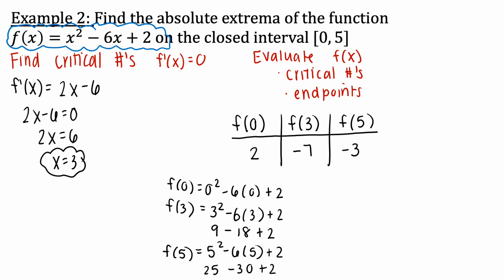From there, we're looking just for our greatest value and our least value. So our greatest value here would be 2, so here's our max, and our least value would be negative 7, so here is our min. So we can write our final statement.